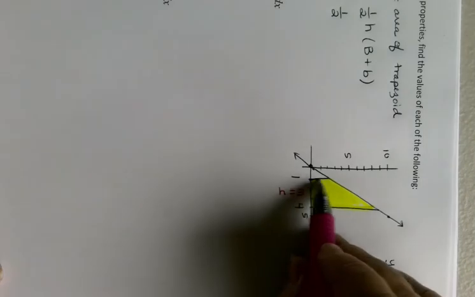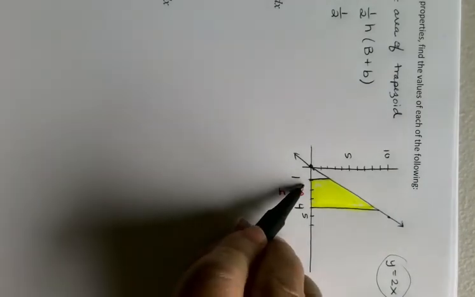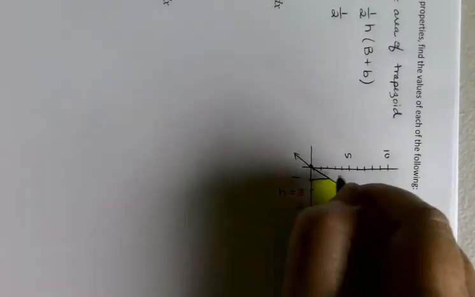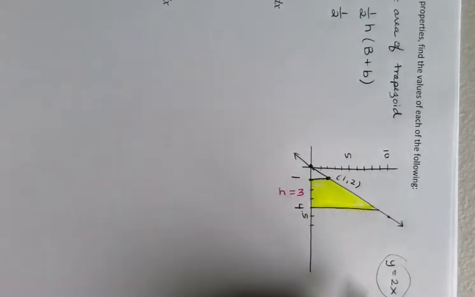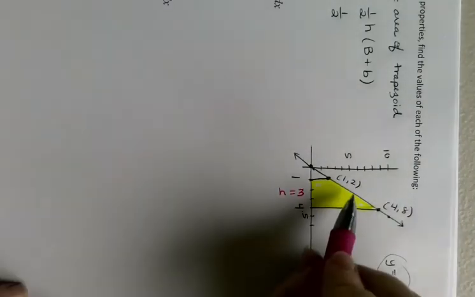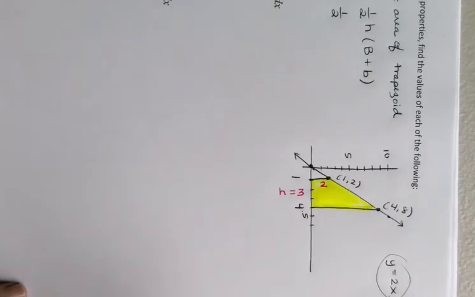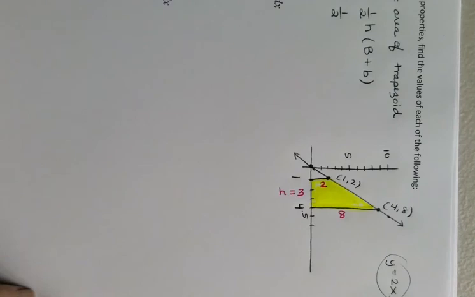And the bases here and here. If we remember that this equation is y equals 2x, this point would be 1, 2. And this point would be 4, 8. So the y value 2 is the small base, and that y value 8 is going to be the large base.